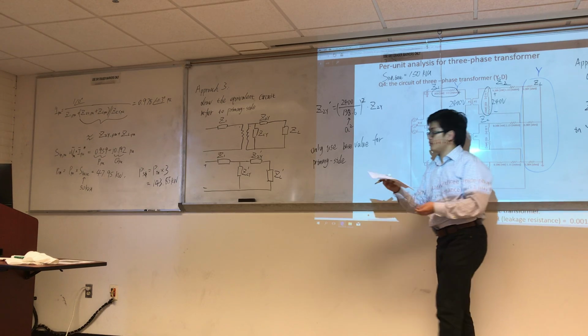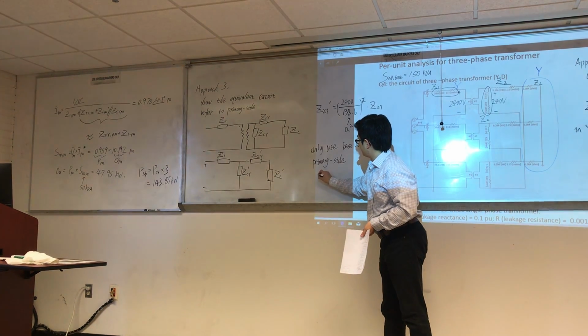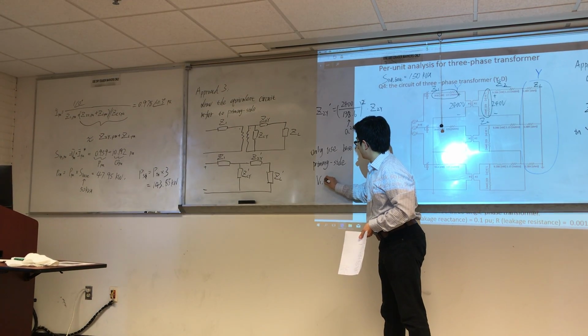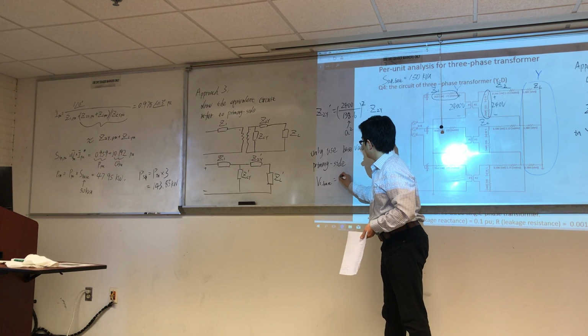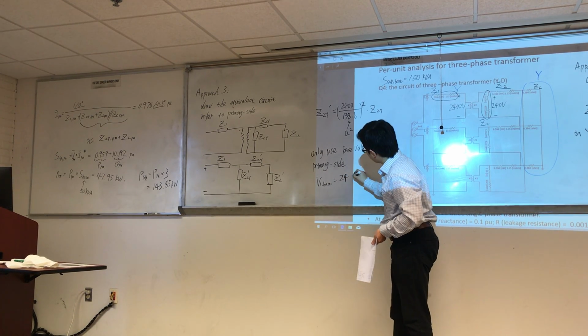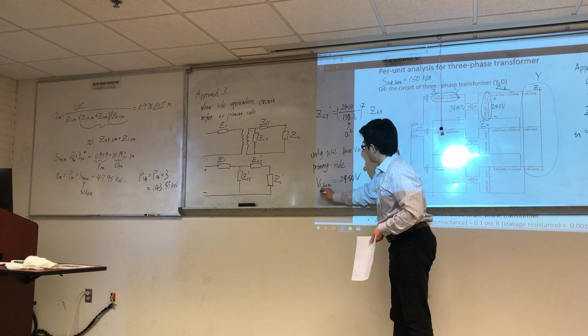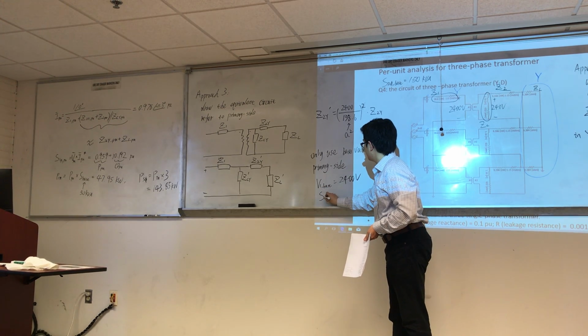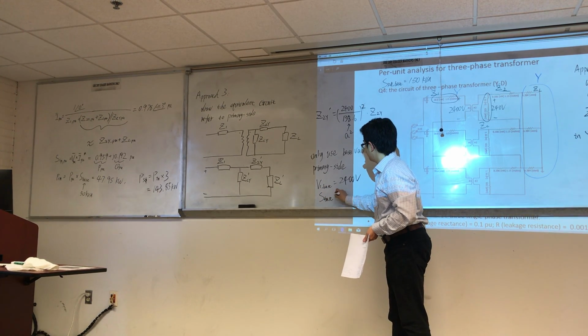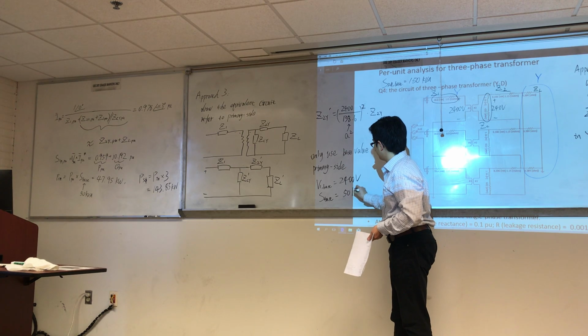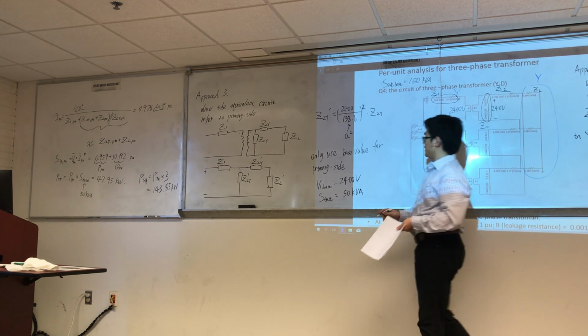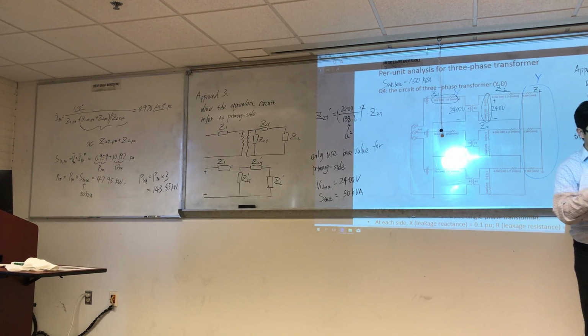So how to do the primary side? V1 base is 2400, S base is 50K.